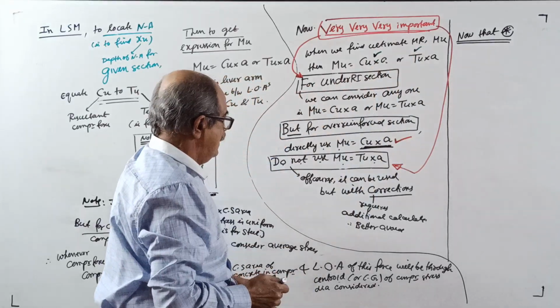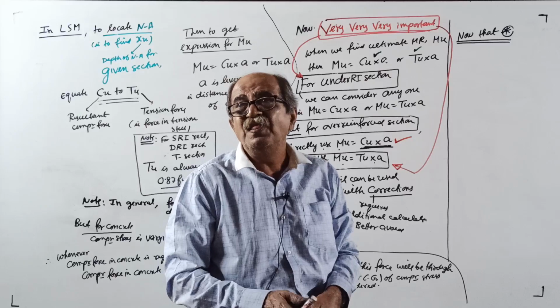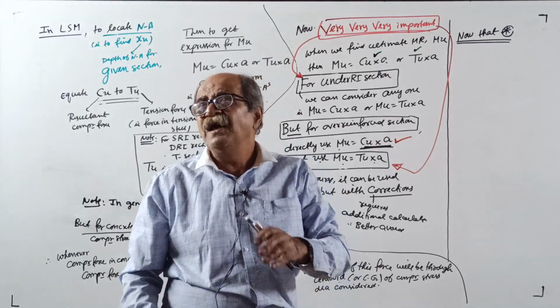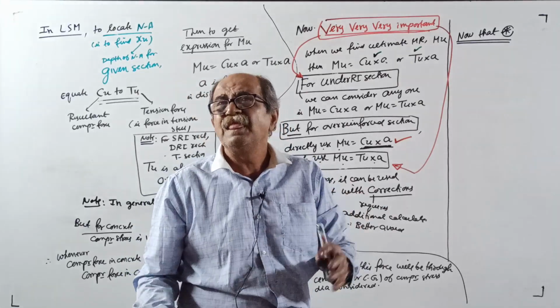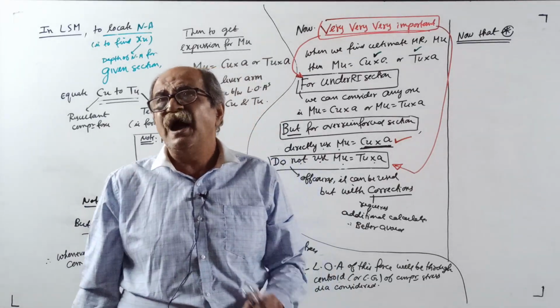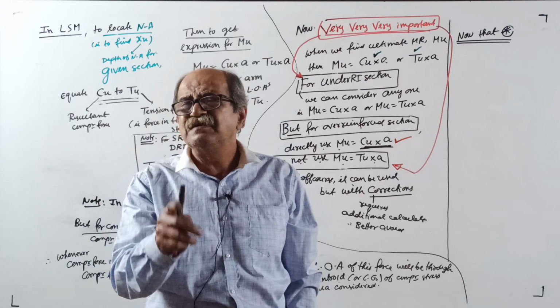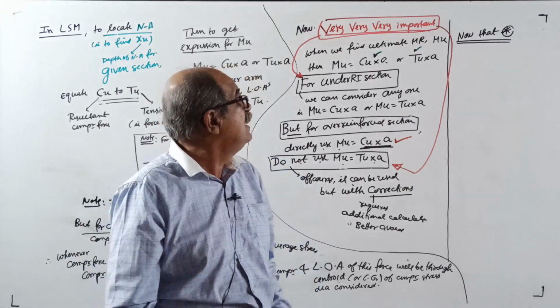Okay, done. Now, come to the star. I told, I will take one class for around 1 hour. Beautiful concept. Actually, that is where you will understand what limit state method is. I told, 99% are not knowing. I am so sure.